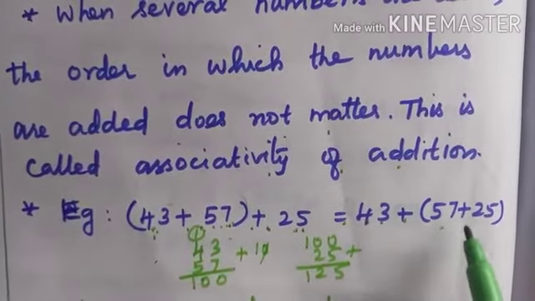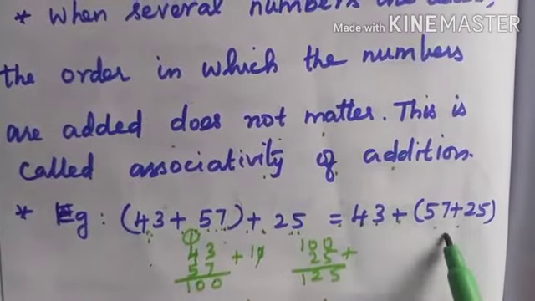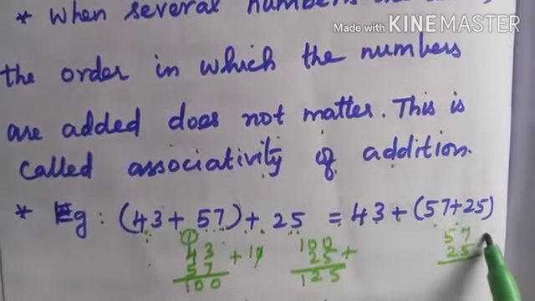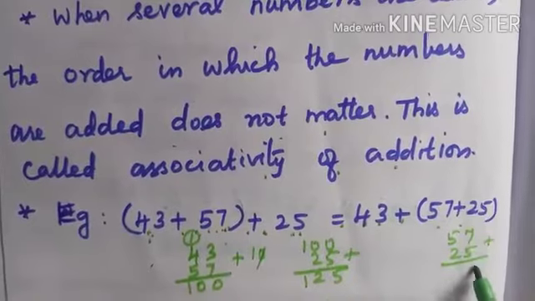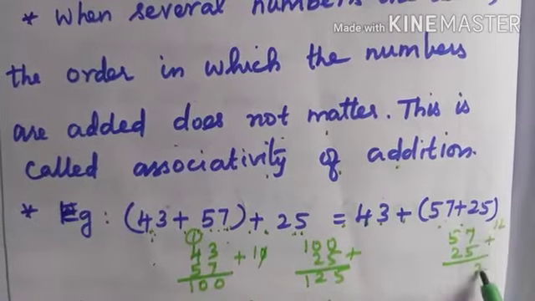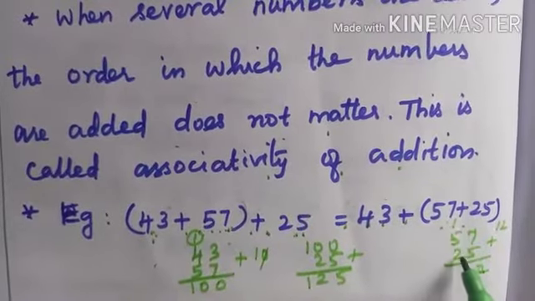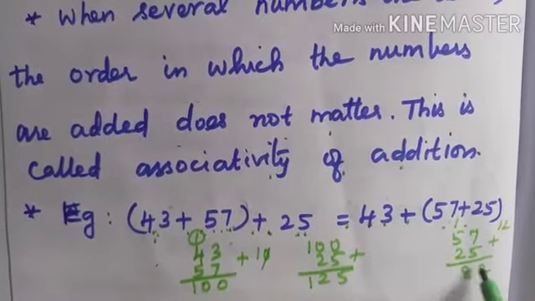Now here we add 57 and 25 first. 7 plus 5 is 12, so we put 2 and carry 1. 5 plus 1 is 6, 7, 8. Therefore 82.